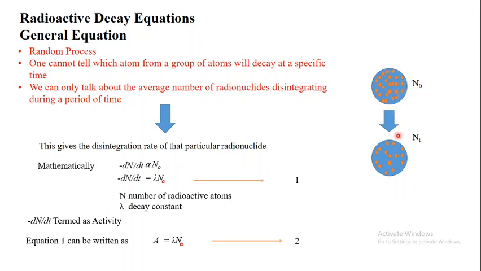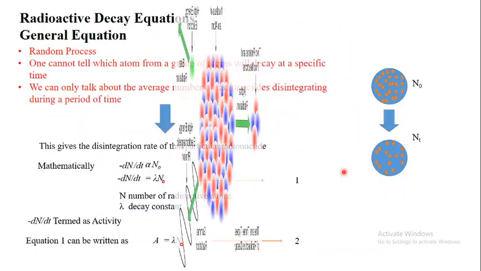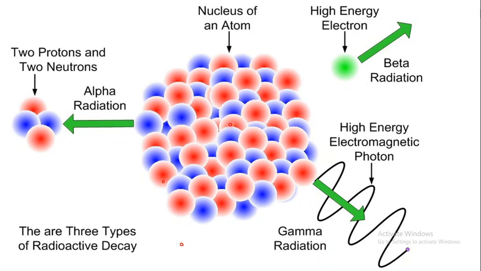Those that disintegrated have disappeared from this circle, while these radionuclides are still alive and may disintegrate at some other time. Those that have disintegrated through decay processes definitely emitted beta radiation, alpha radiation or gamma radiation.